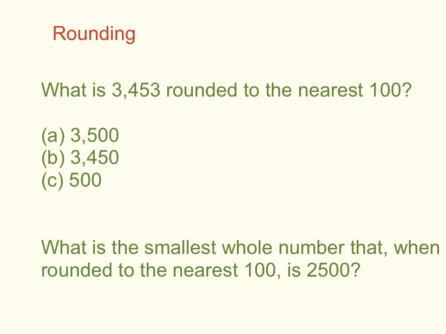So for the first question, 3,453 is between 3,400 and 3,500, and of those two numbers it's closest to 3,500. We know that because when we're rounding to the nearest hundred we need to look at the next column back, which is the tens column, and that's 5 tens, so we know that we need to round that up, making it 3,500.